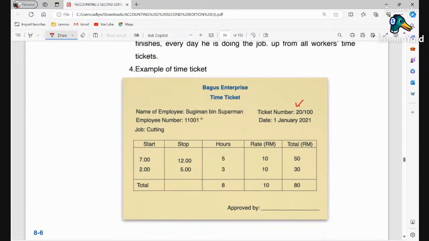Okay, ini ialah dia punya number. So, employee number is very important sebab kadang-kadang ada 10 Sugiman dalam company. Kita takkan tahu sebab you tengok dalam kelas pun kadang ada je orang yang nama Fatin 3-4 orang. Okay, alright. Okay, and then bila kita kira time ticket tu, yang ni dia bagi untuk 1 Januari 2021.